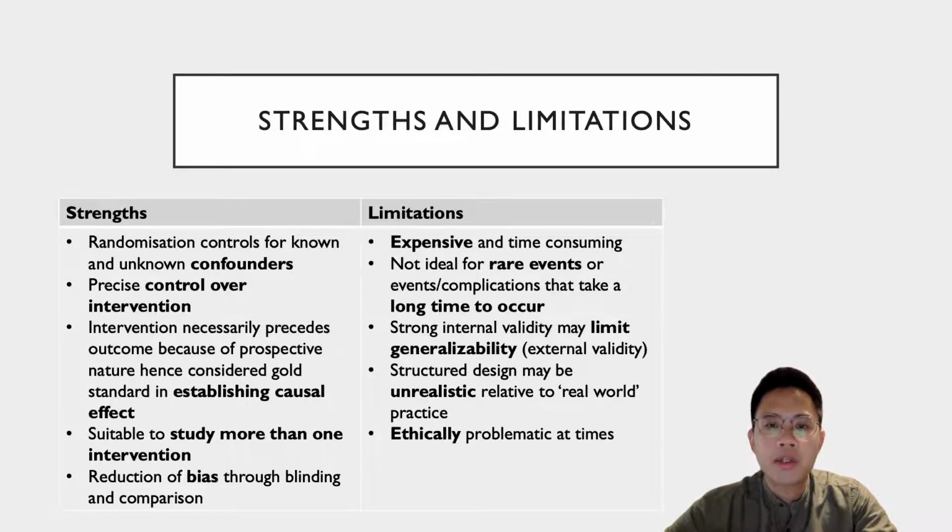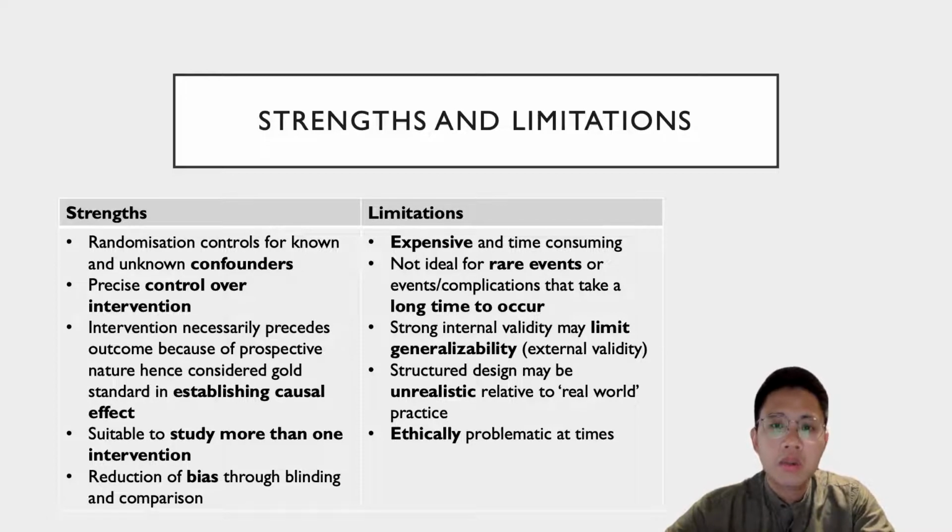So moving on to the strengths and limitations, most of the strengths of an RCT come from the fact that it is an experimental study in nature compared to cohort studies or case control studies that are oftentimes observational. So the fact that it is an experiment allows for a few key interventions like number one, randomization, that powerfully controls for both known and unknown confounders.